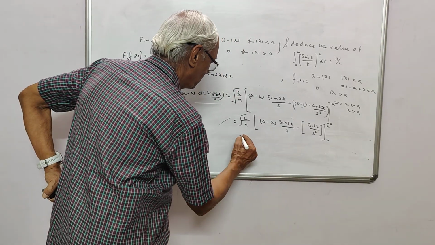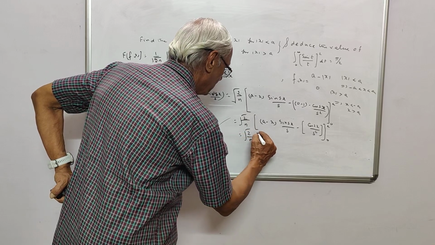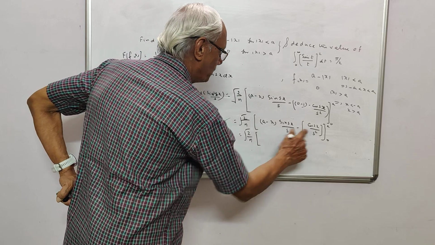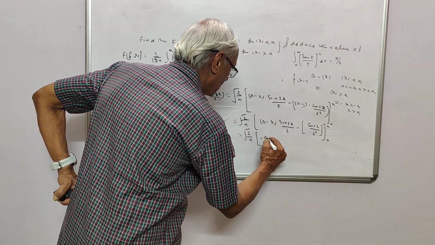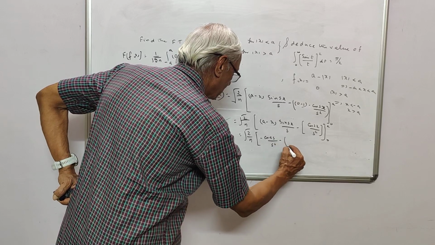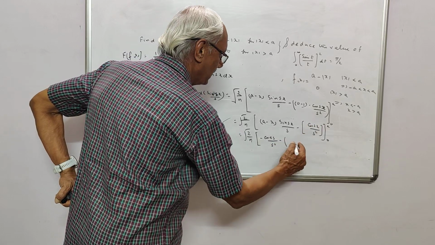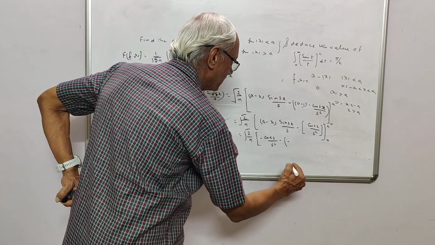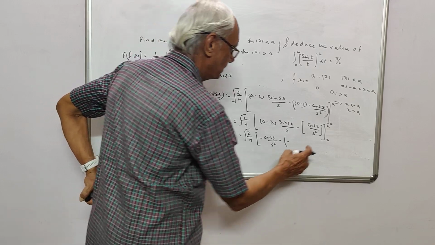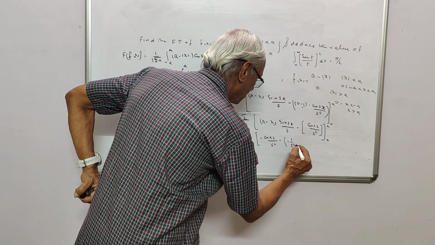When you apply the limits, 2 by pi, when you put a, it is 0, and then it is minus cos as divided by s squared. Then minus, sine 0 is 0. When you put 0 here, it is 0 minus 1 by s squared.